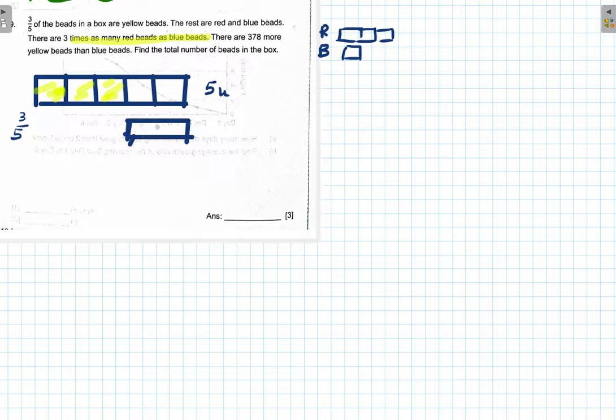So here I can cut into 4 portions. So red is 3. Here is 3/4 is red. 3/4 is red. And then 1/4 is blue.